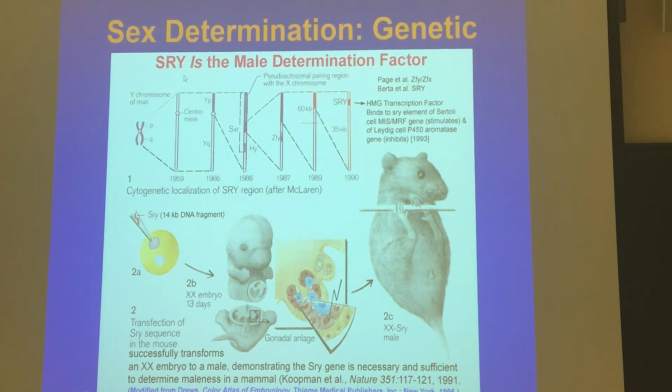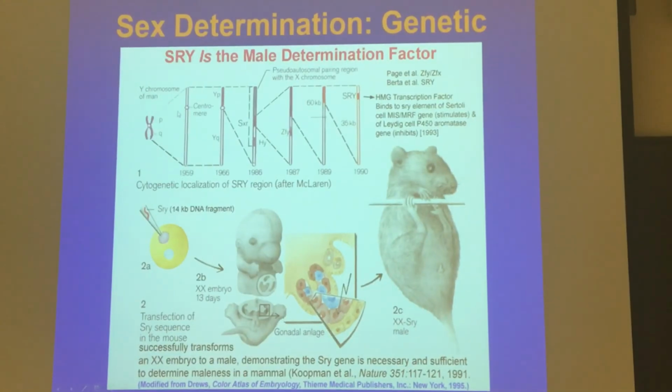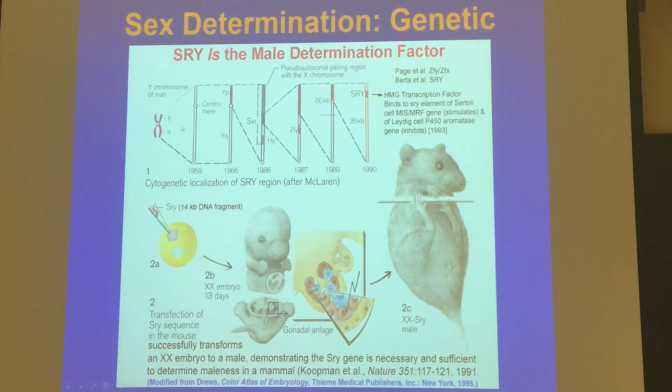This is the description of the research leading up to the identification of SRY as the sex-determining factor in mammals. And it wasn't really until 1959 that we recognized that the Y chromosome was in fact the determinant chromosome for gender determination in humans.